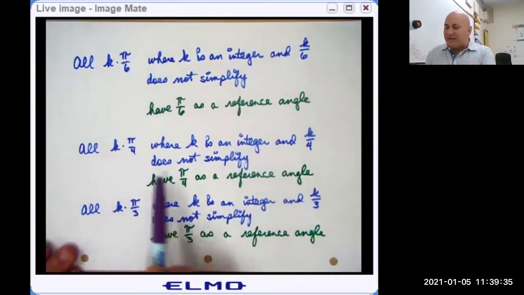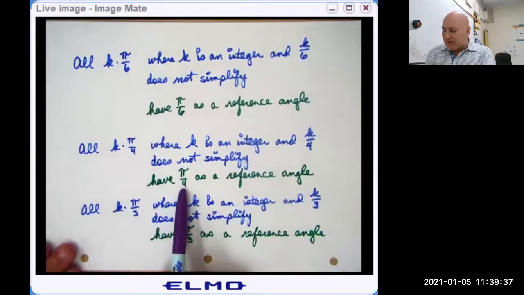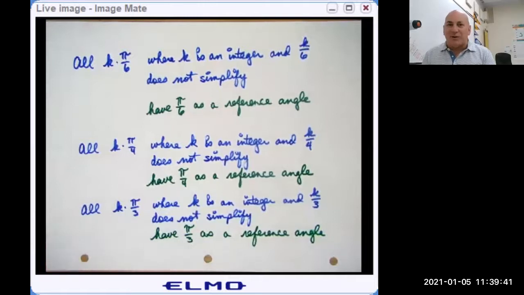Anything that meets these criteria will have pi over 4 as a reference angle, and anything that meets these criteria will have pi over 3 as a reference angle. You'll see what that means as we apply it.